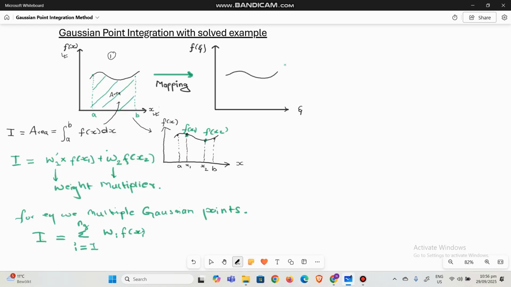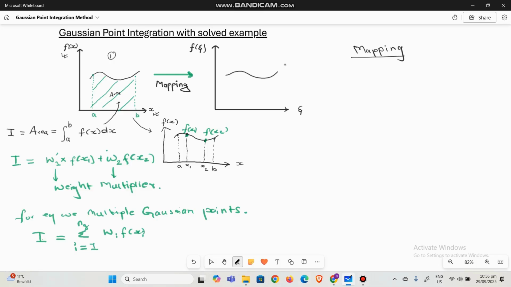But an easier idea would be that, okay, this function, any function f(x), could be anything. So it would be a very nice idea to map the function f(x) to a universal system. So what does mapping do? Now here comes the play of mapping.